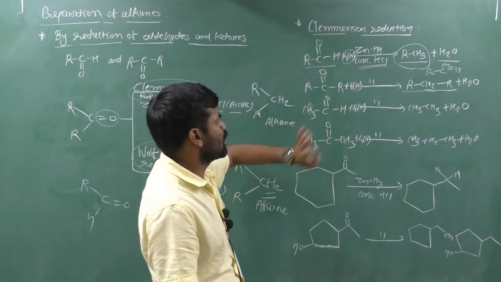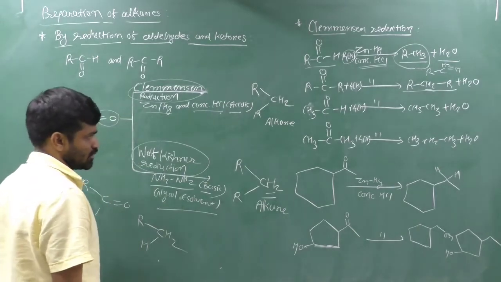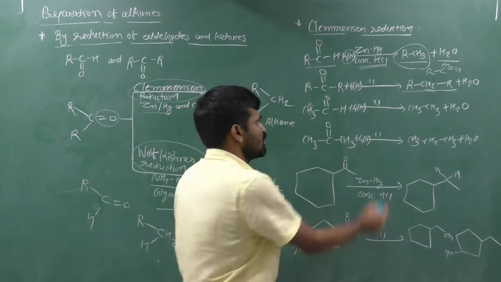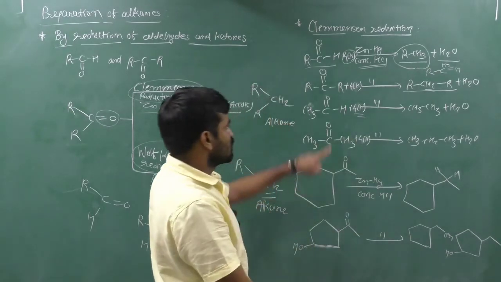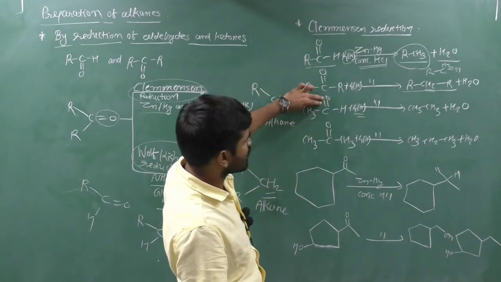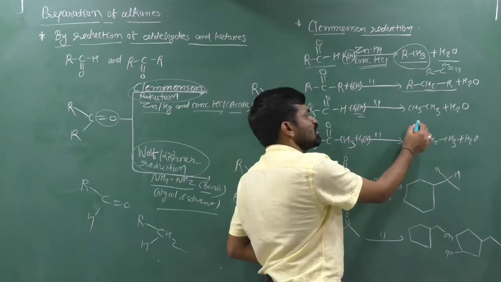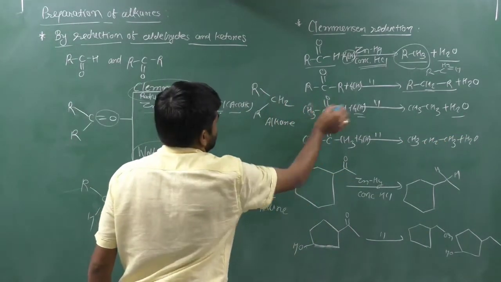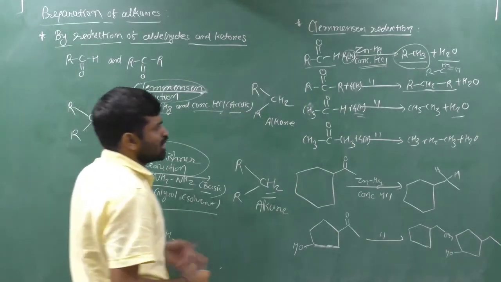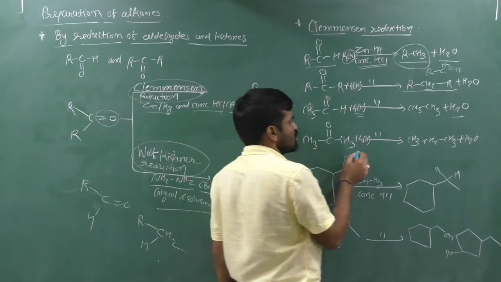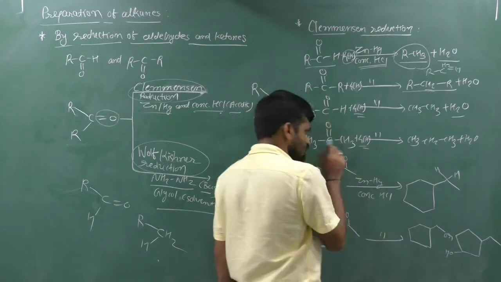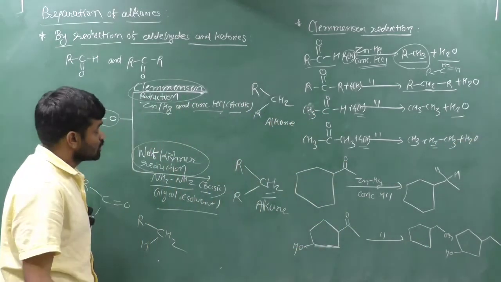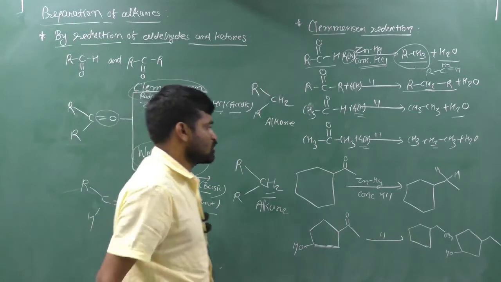CH3 C double bond OH, it is an aldehyde. Carry out the Clemmensen reduction, it supplies 4 hydrogens, and we get CH3CH3 alkane and H2O, clear. There was one H and here two H are added, so CH3. Take a ketone, CH3 C double bond O CH3, same reduction, and we get CH3CH2CH3 plus H2O.